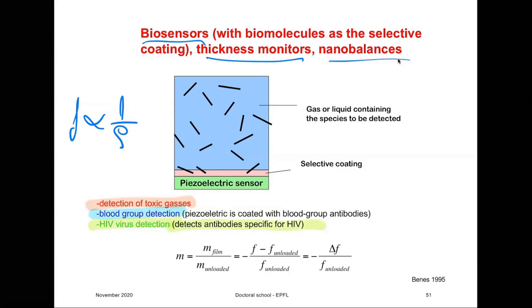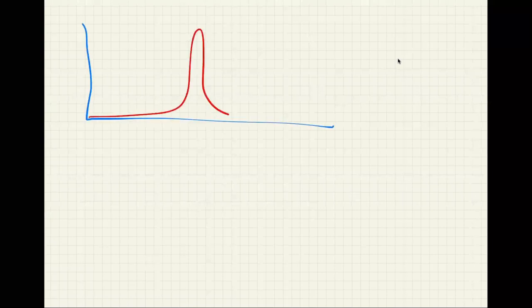For these applications, you would use piezoelectric materials that have a very high mechanical quality factor. Mechanical quality is, if you look at resonance as a function of frequency, then the sharpness of the resonance determines the mechanical quality.